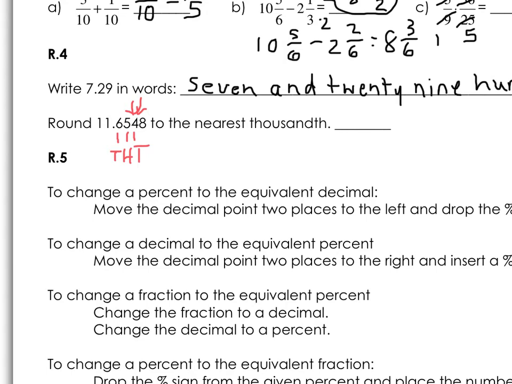If the number to the right is greater than or equal to 5, we round up. If the number to the right is 4 or less, we keep it the way it is. So our number to the right is the number 8. It's greater than 5. So we round this to 11.655.